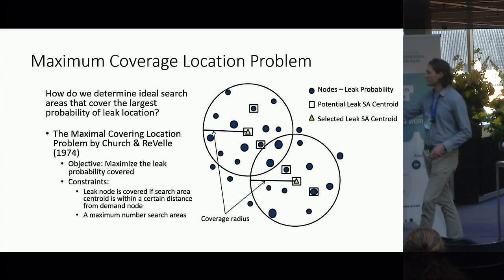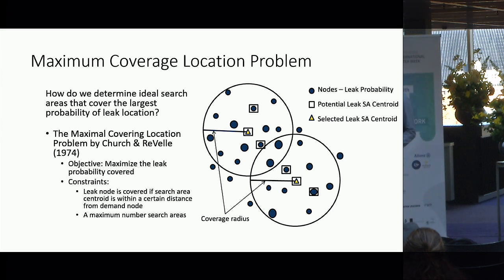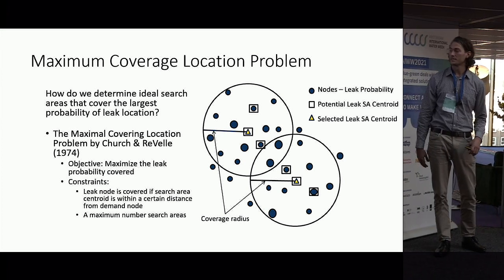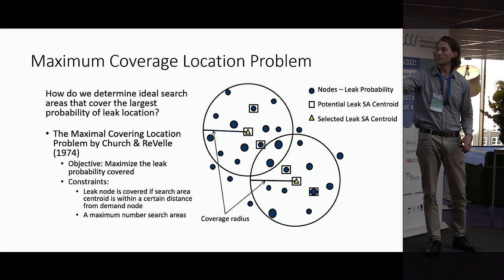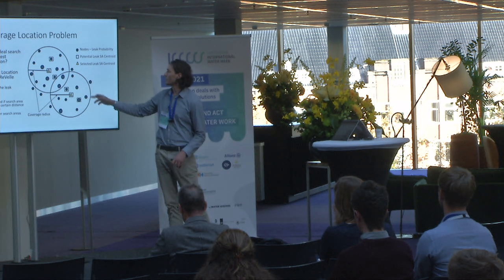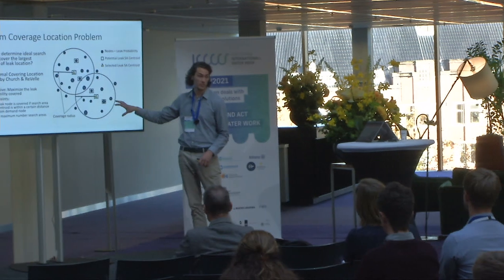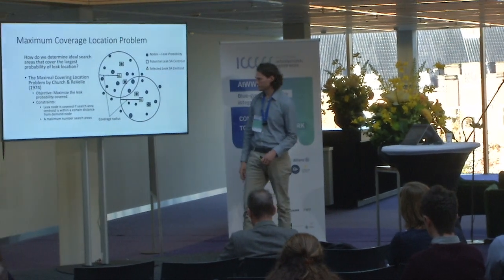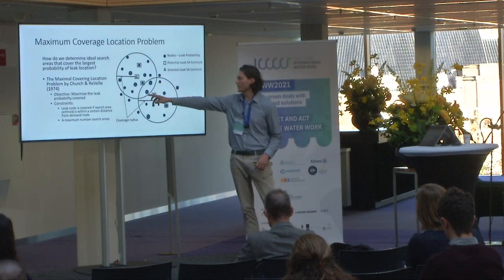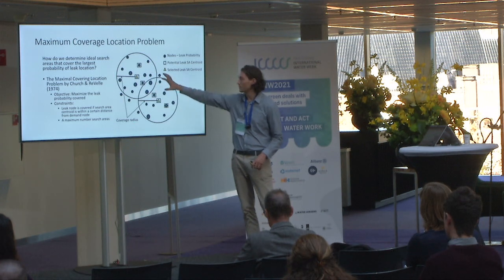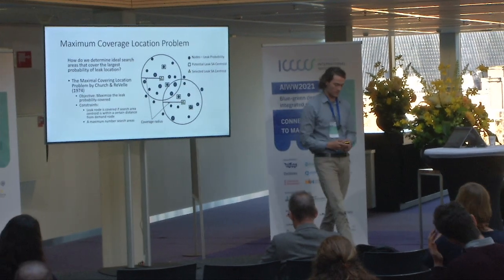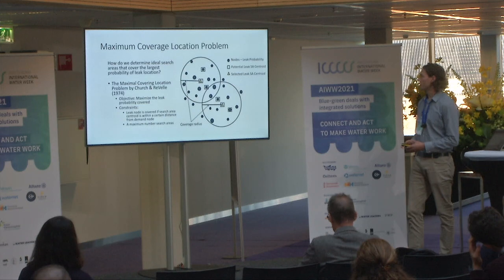And so here you can see the two circles, and these would be possible areas of the centroid of the circle, and a specific coverage radius. And so the maximum coverage of these nodes of leak probability would then be the ideal search areas for the leak detection crews. The one thing to mention here is that those aren't going to be double counted; it would be the total coverage for the search area.